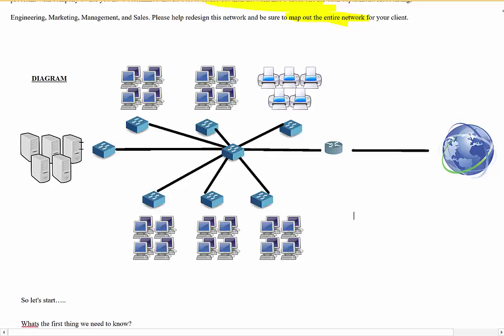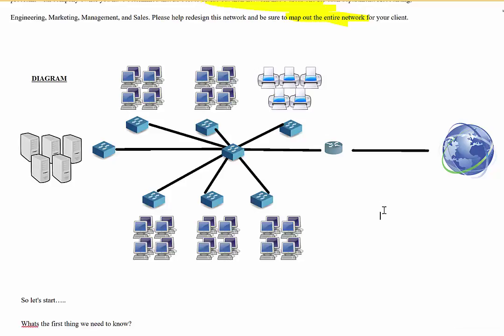On the left-hand side here, we have a bank of servers connected again to the central switch via a switch. And we have a bank of printers connected to the central switch via an intermediary switch.